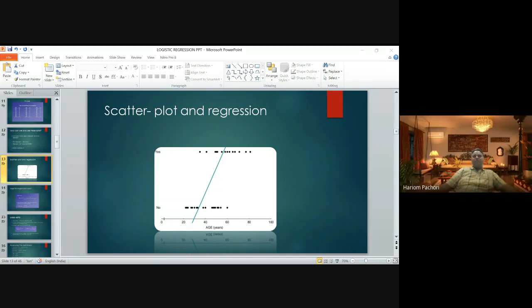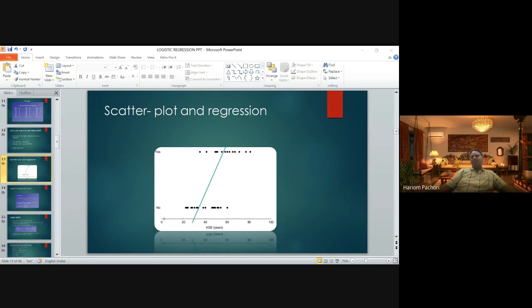So what is the odds ratio? Interpretation of the regression coefficient: in linear regression, the slope coefficient is the change in the mean response as x increases by 1 unit.